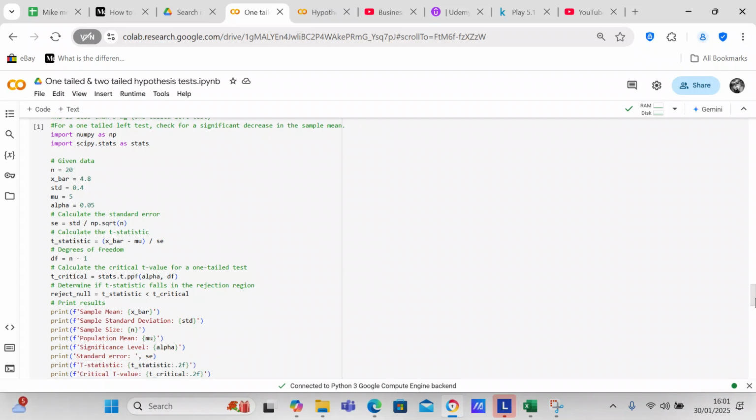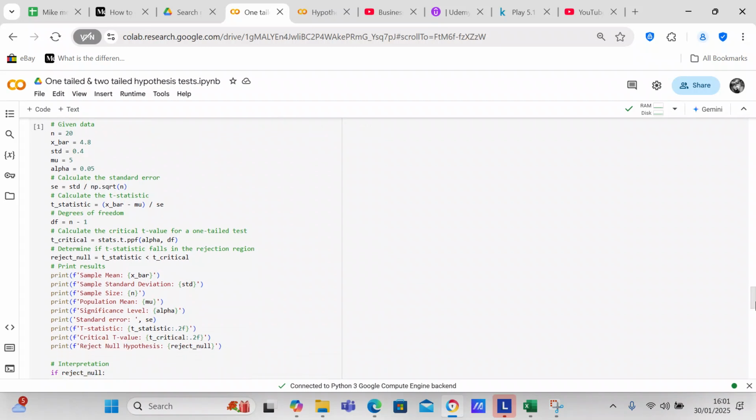So the first thing we want to do is import our libraries, NumPy and SciPy, and then set up our initial variables: n, your sample size, of 20, x bar, your sample mean, is 4.8, standard deviation, STD, is 0.4, mu is your population mean of 5, alpha is your significance level of 0.05, and then we calculate the standard error, which is STD over np.sqrt(n).